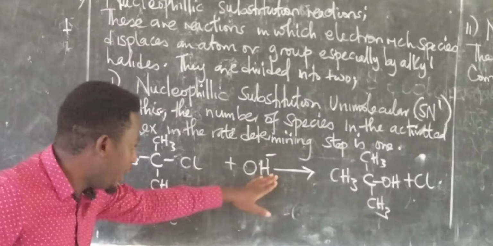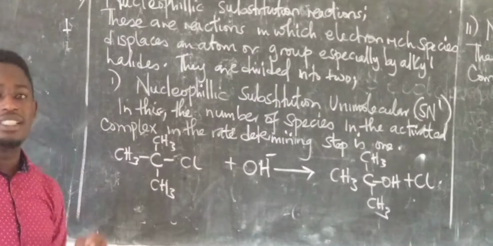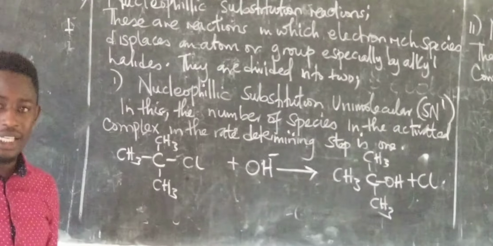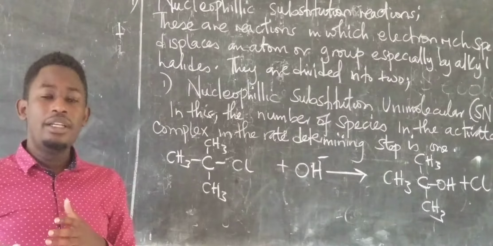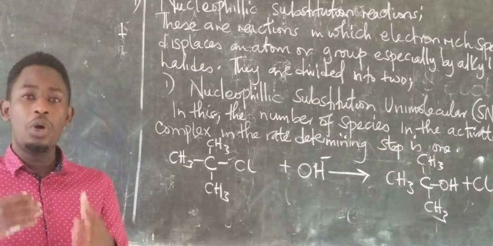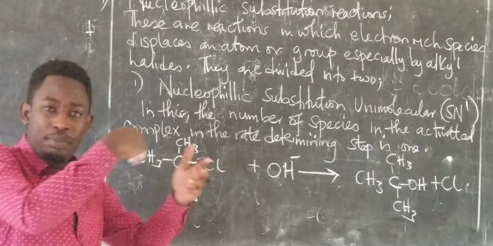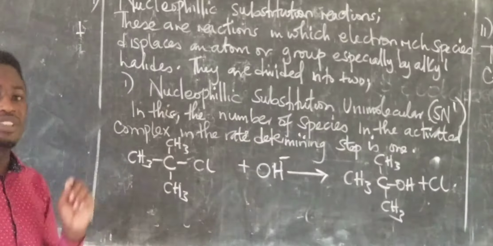So this OH is only going to come in after the chloride has first broken off. So this activated complex, in this case, will not have partially formed bonds. Because before you form a new bond, you have to first break the old one because of steric elements.